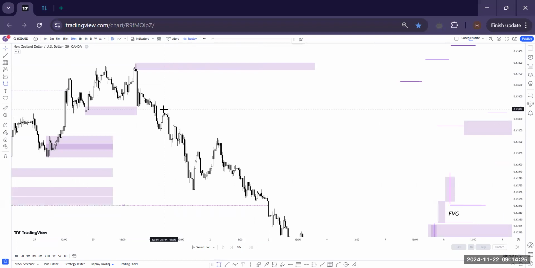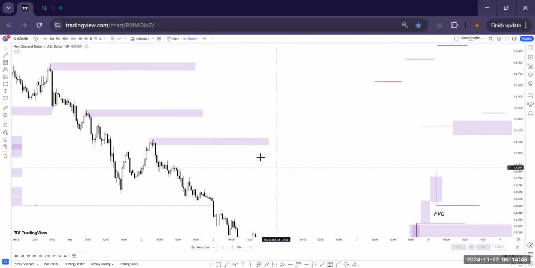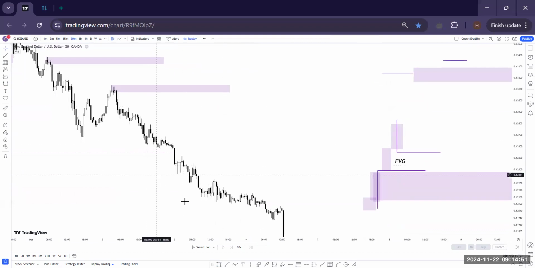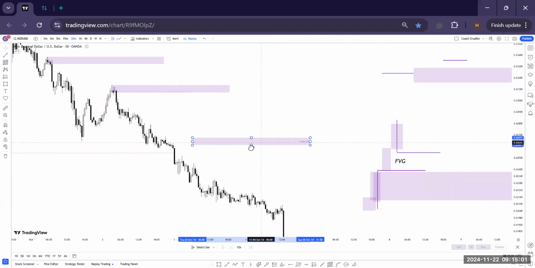We have other blocks here. Here's another block. Let me zoom for clarity. Do we have another one? Yeah. I'm just copying and pasting. I don't have time. Now we had a break of structure here, so we have another block here.